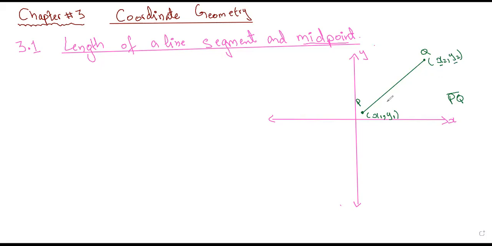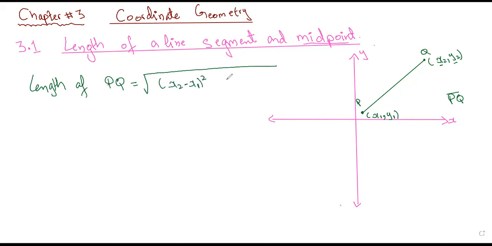So we have a fixed formula which we will be using. And the formula is length of PQ is basically under root x2 minus x1 square plus y2 minus y1 square.